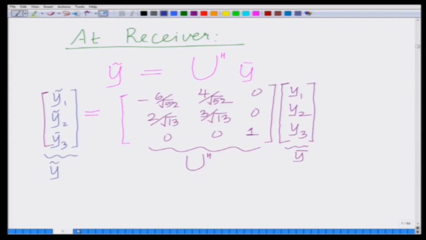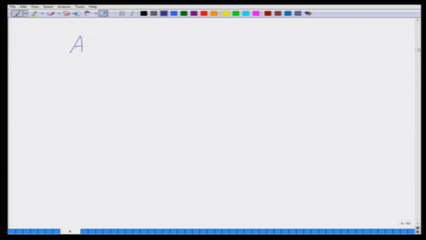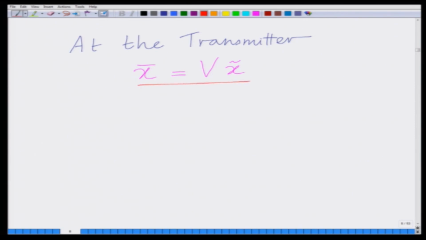Now, let us look at the pre-processing at the transmitter. At the transmitter I perform x bar equals V x tilde.